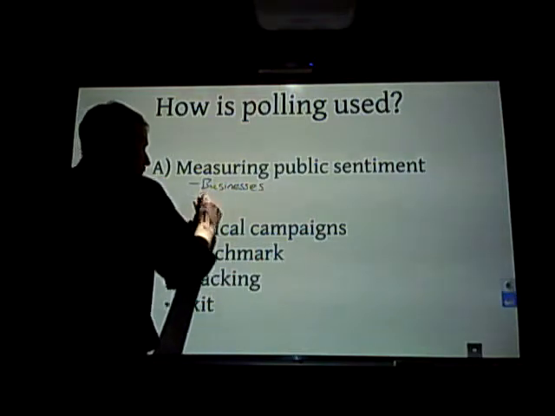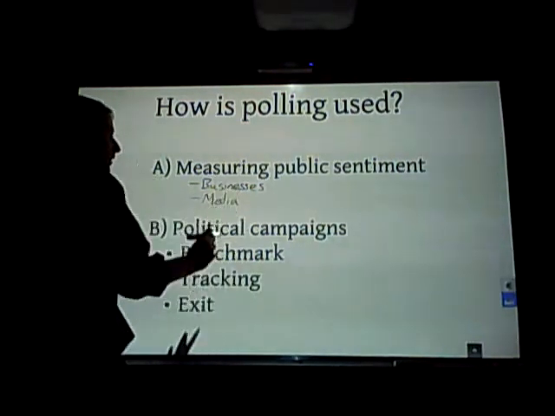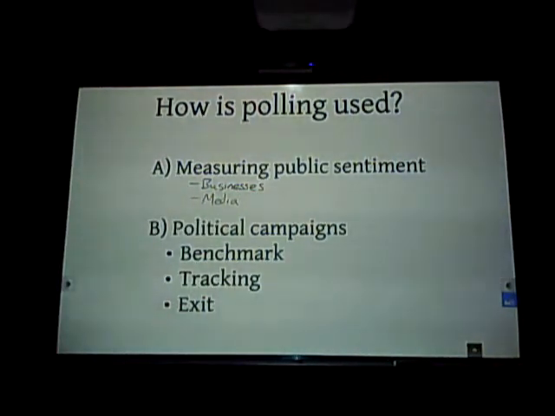The media will use polls to measure public opinions. And they'll just use polls to figure out what Americans think about certain issues. These are the ones that we probably see most often. Oh, leading off the news tonight, 72% of Americans think Congress stinks. 51% of Americans think that this should be done. 42% of Americans think that, right?